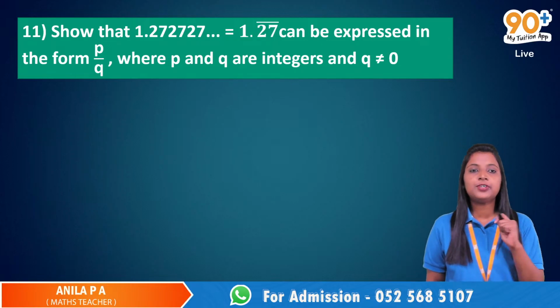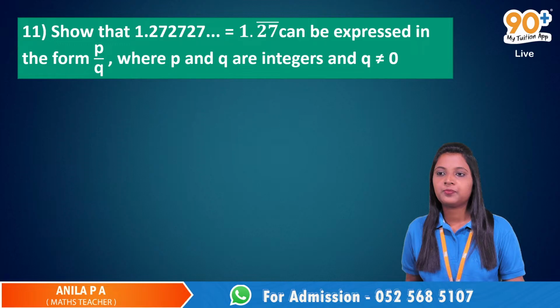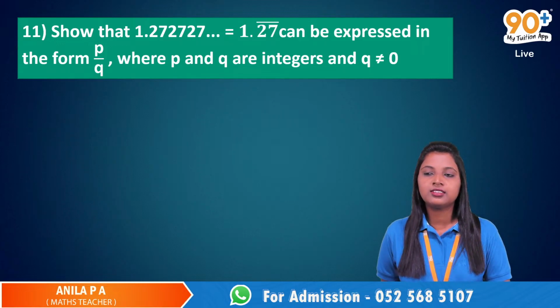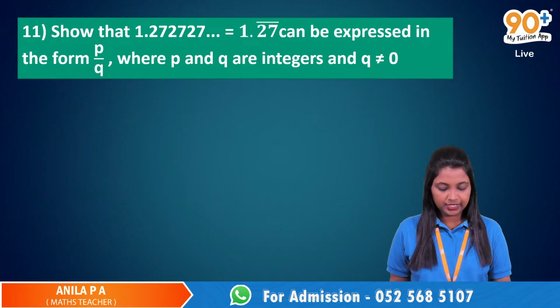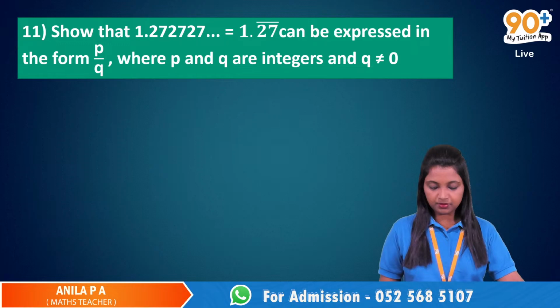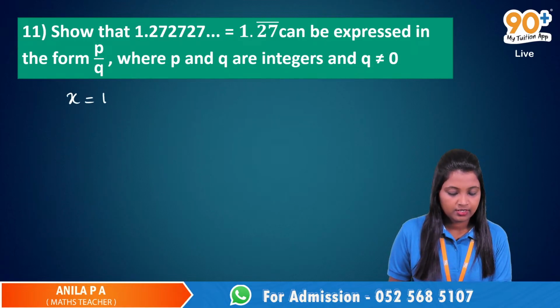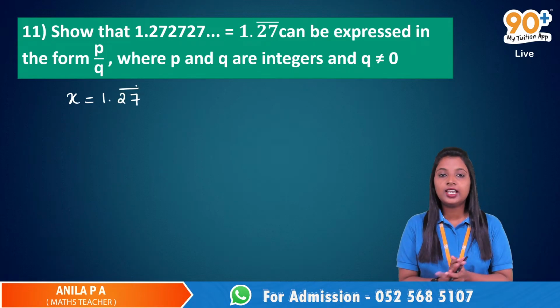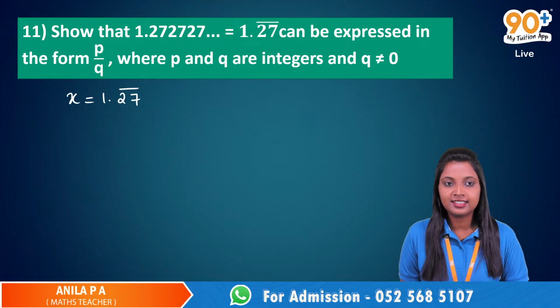So what was the first step? Do you remember the first step? Any hand raises? Okay, you write x is equal to 1.27 bar. Yes, we just label this given number as x. Then what next?